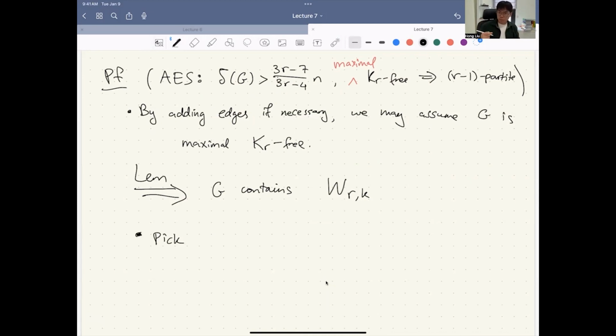We're going to pick a copy W of W_{r,k} with maximum value k. But k cannot be bigger than r minus 3.